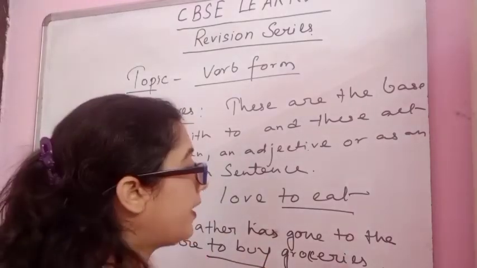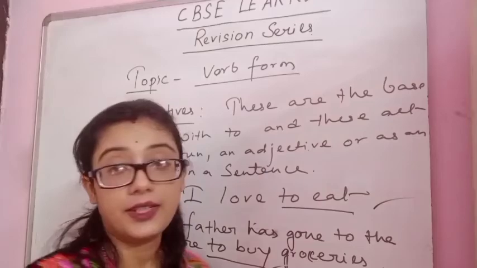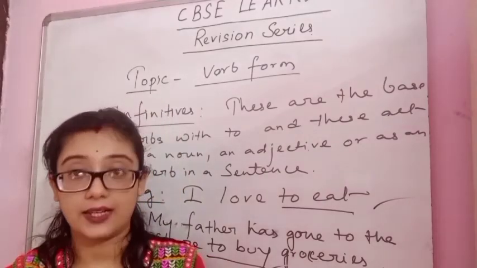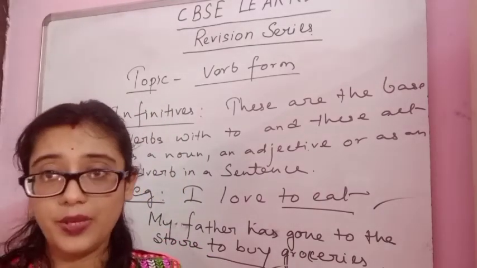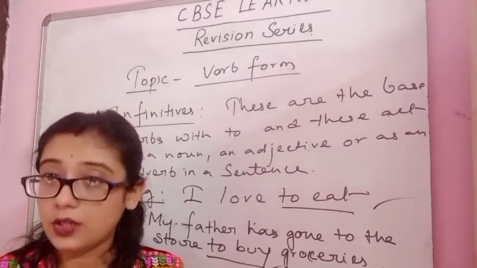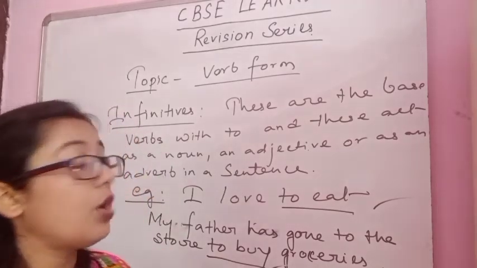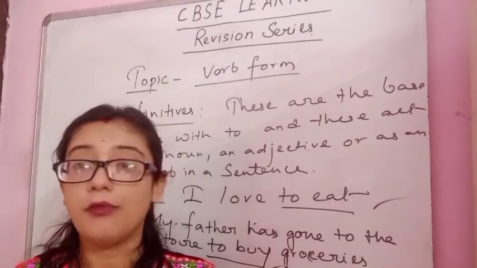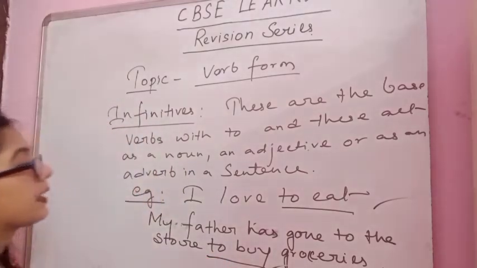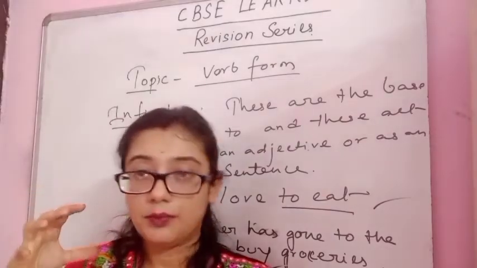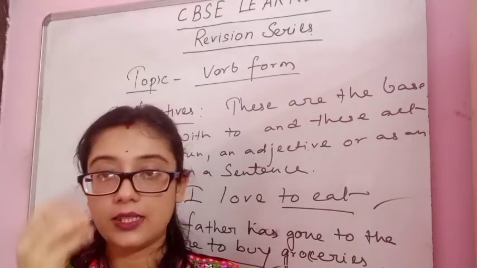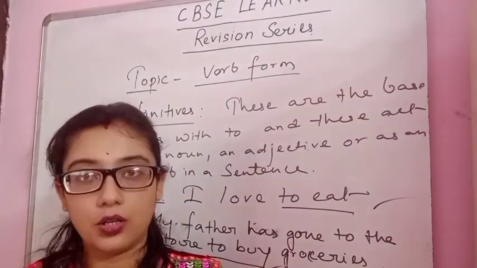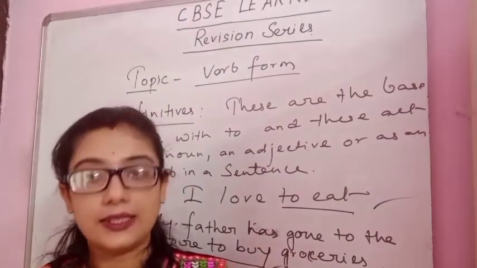In the first sentence it is acting as a noun. In the second sentence it is acting as to do what? Means why? Why has your father gone? My father has gone to the store to buy groceries. This is acting as an adverb. Adverb of reason, isn't it? So we can say that the verb acts as a noun or adverb or as an adjective.